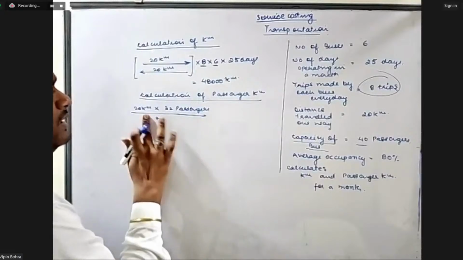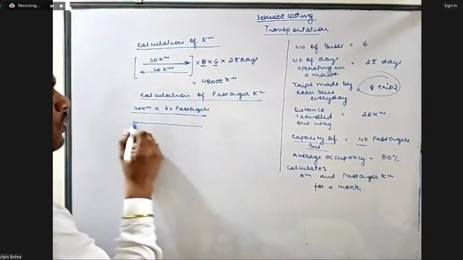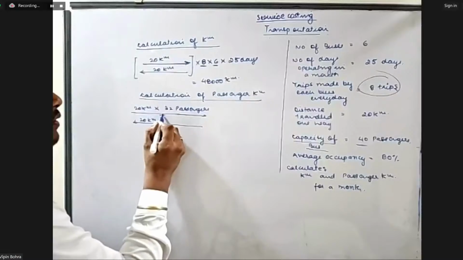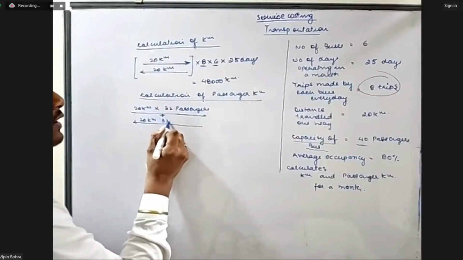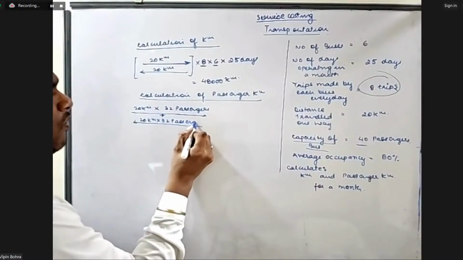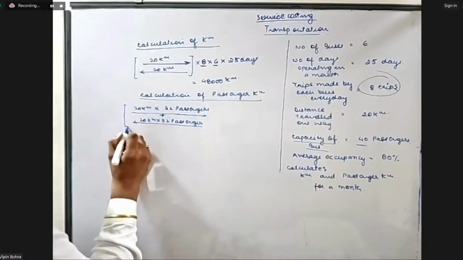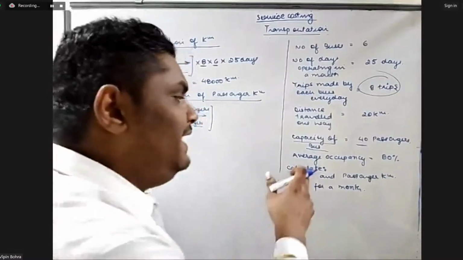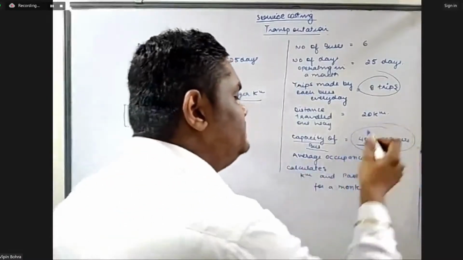And in return journey also, for 20 kilometers, 32 passengers are traveling. In the onward journey also, the seating capacity of the bus is 40 passengers.